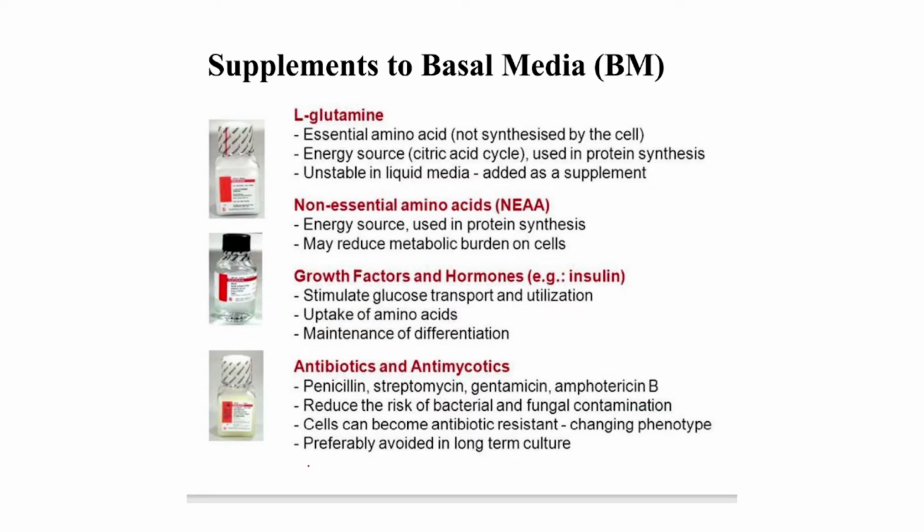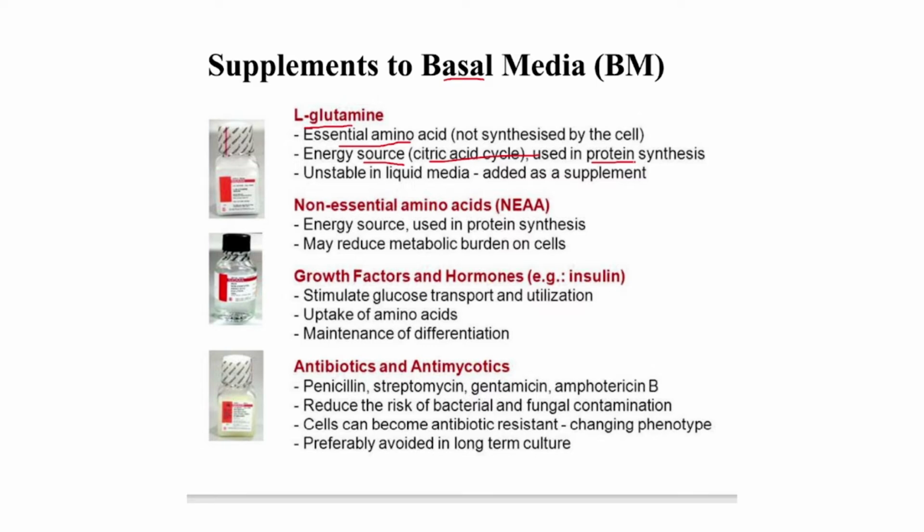Now there are various supplements to the basal media, because I have already told you basal media lacks some critical essential factors. That's why we have to supplement it with other factors. One of the most important factors is serum. Apart from that, we have to provide an amino acid called L-glutamine, which is an essential amino acid as it is not synthesized by the cell, and it is an energy source because it provides important precursors to the citric acid cycle, and it also provides some precursors which can be used for protein synthesis.